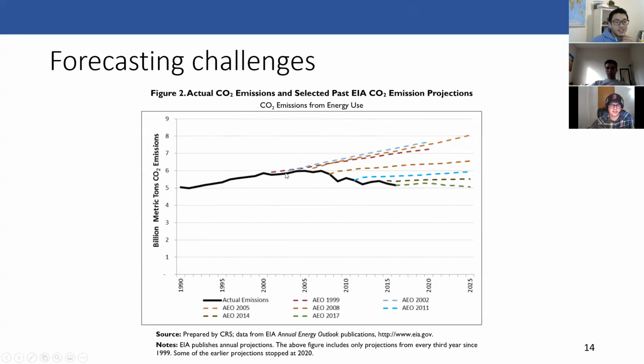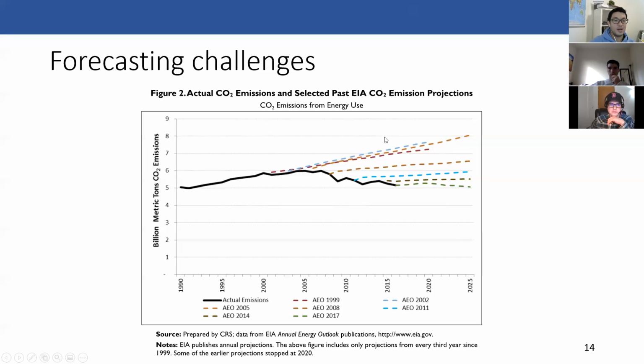A lot of those systemic changes have to do with the big economic downturn that happened in 2008, as well as shale gas adoption that transitioned us away from a coal-dominated electric sector to a more natural gas-dominated electric sector.